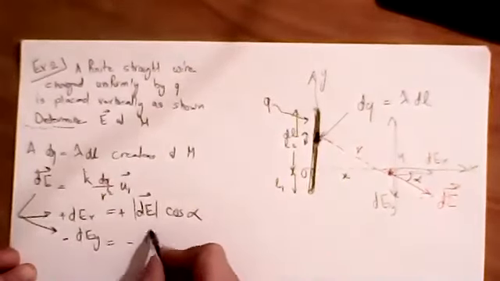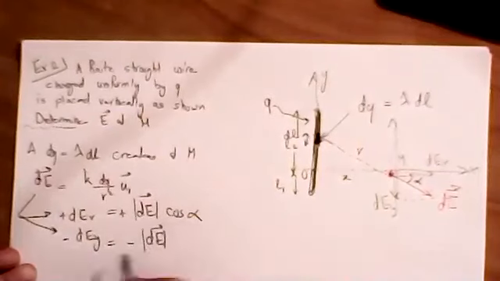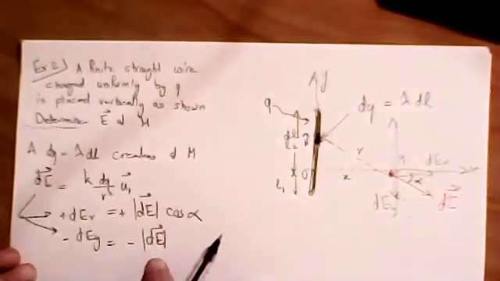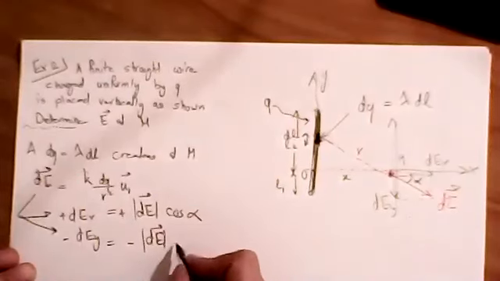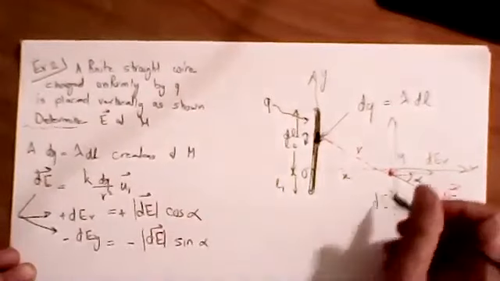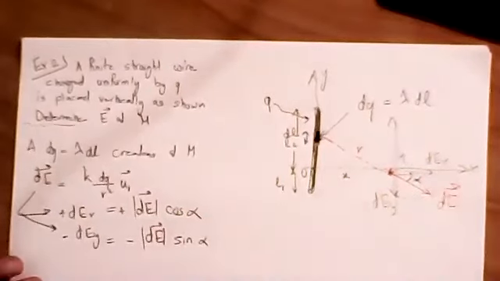And here it's a minus the magnitude of DE, either with arrow and absolute value to say it's a magnitude, or without arrow and without absolute value, meaning it's a magnitude. And this is sine alpha, with the minus because the projection is along negative y.